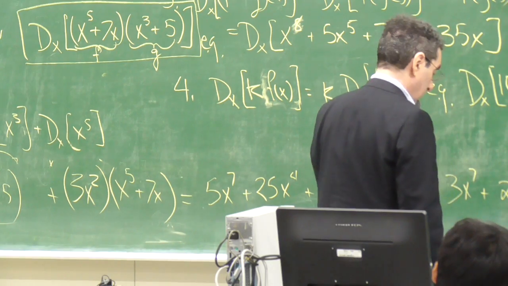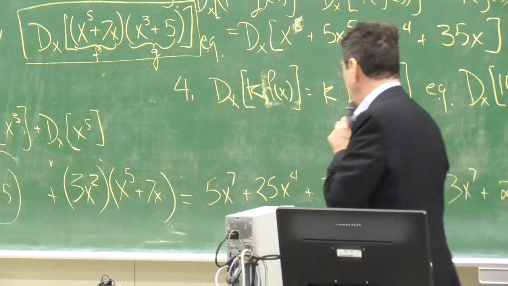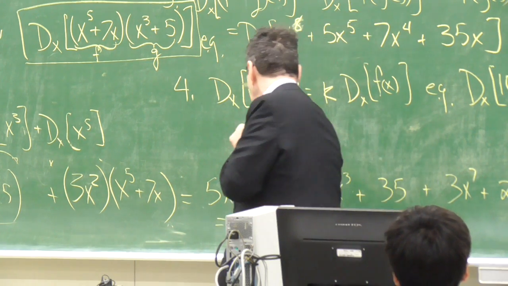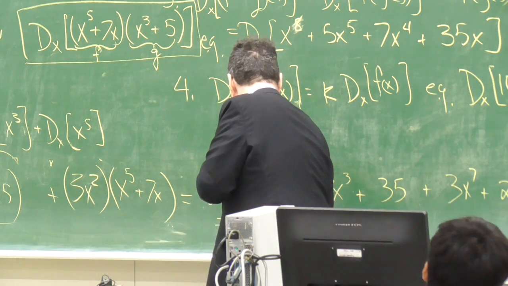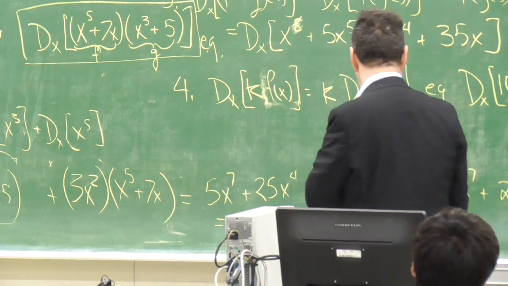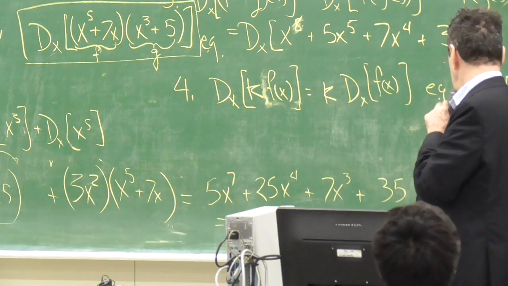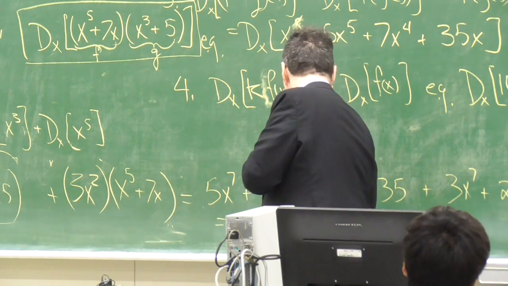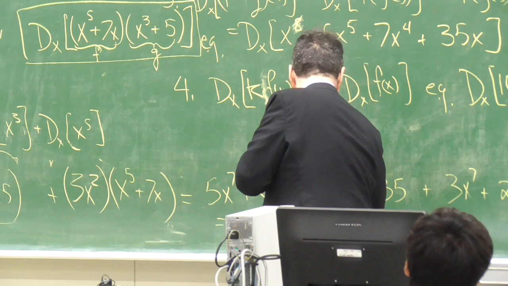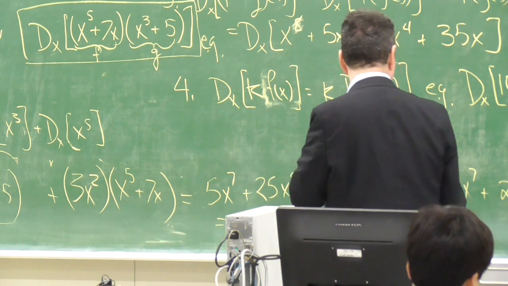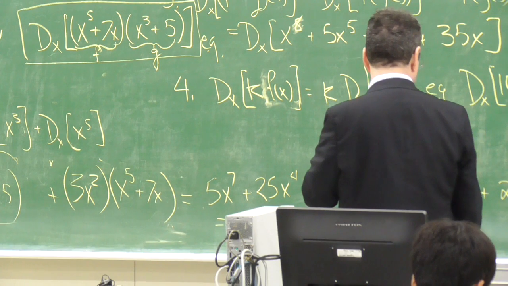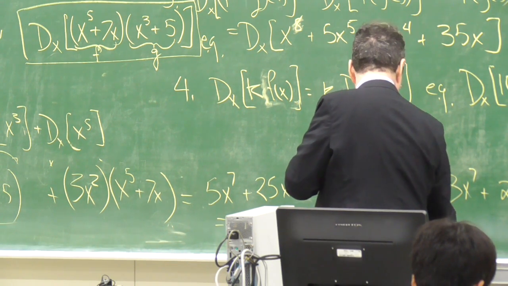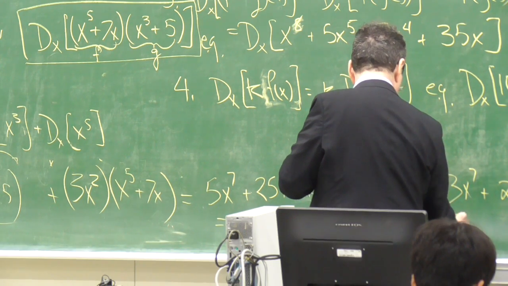Okay? Okay, so that's now, okay, we want to simplify that. What do we get? We have 8x to the 7, right? All right, 8x to the 7, and we have, what, 25x to the 4th, and we have 28x cubed plus 35, is that right?